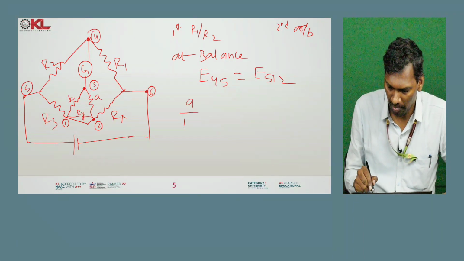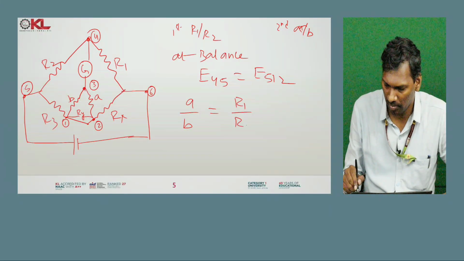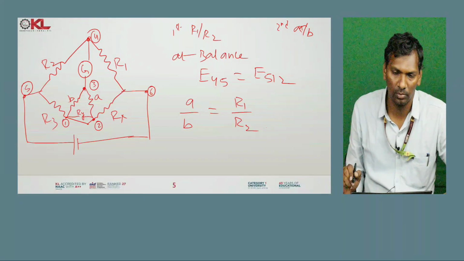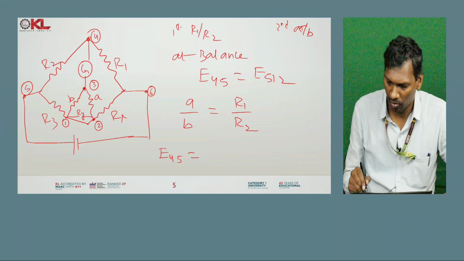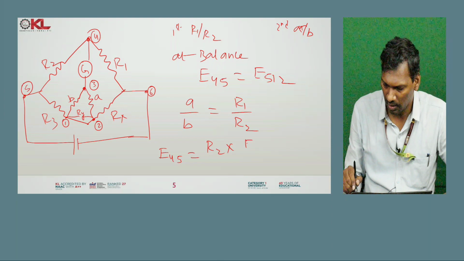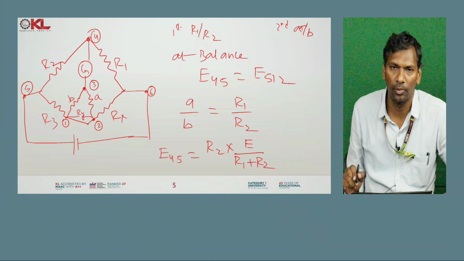So A by B is equal to R1 by R2. And the voltage across the 4, 5 terminals is equal to R2 into E divided by R1 plus R2.